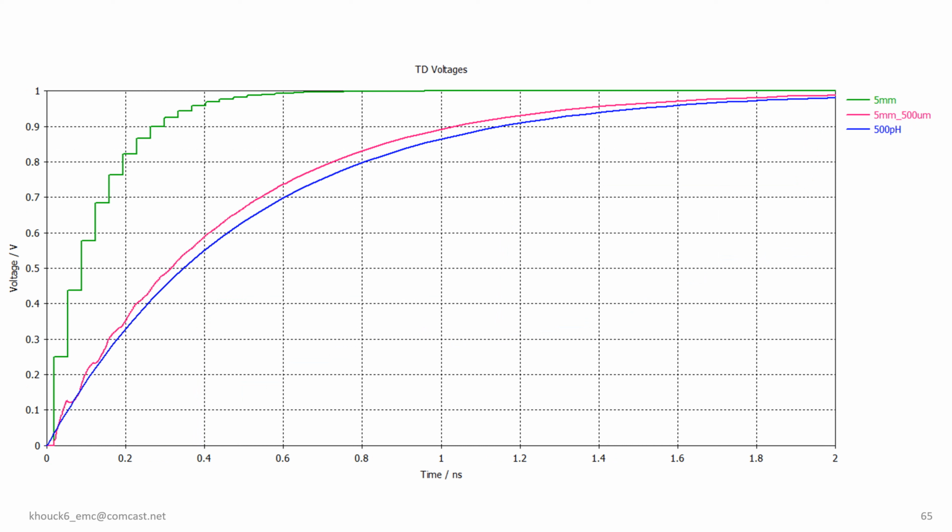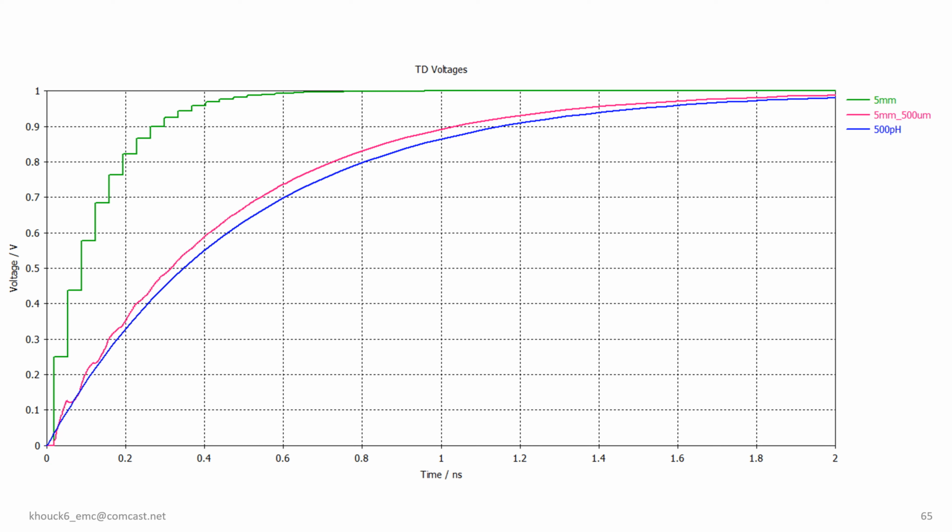The plot illustrates that merely following the guideline of minimizing trace length without addressing brief disruptions in propagation does not necessarily result in improved signal performance. In this comparison, the green line represents a 5 mm trace with uniform propagation, while the red line depicts a 5 mm trace with a short disruption.